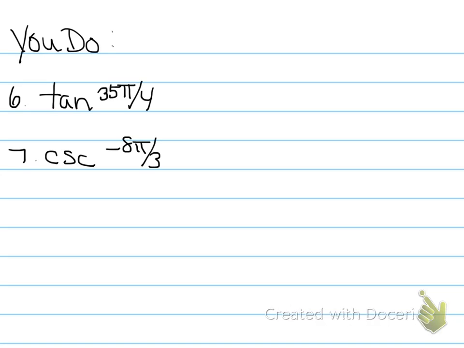Go ahead and try 6, the tangent of 35 pi over 4, the cosecant of negative 8 pi over 3, and the secant of negative 7 pi over 3. Go ahead and take a couple minutes, try each one, and we'll be back to go over the answers.